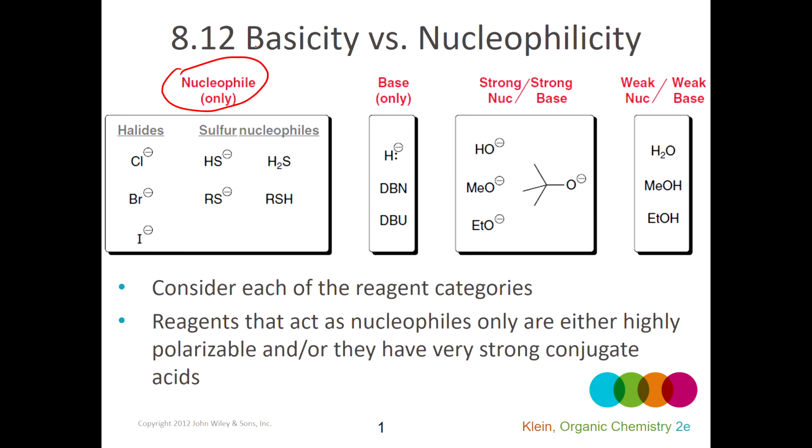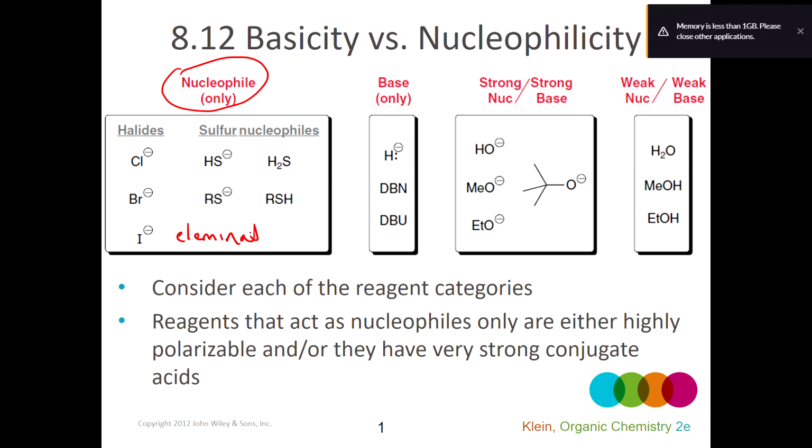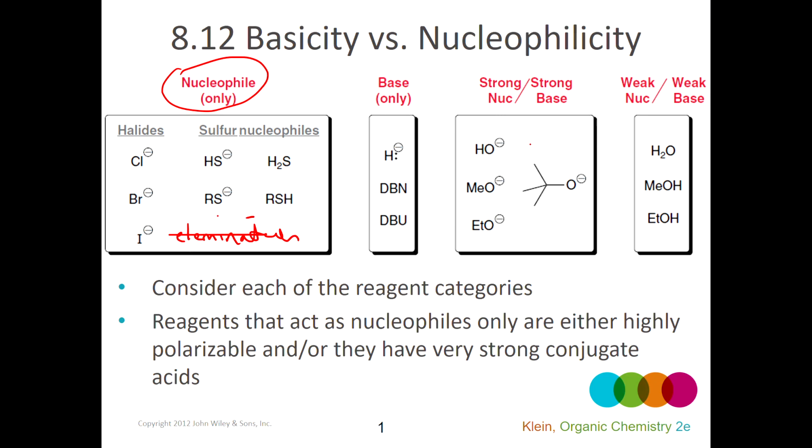Alright, so we were saying how these compounds that are really only effective nucleophiles and really weak bases, we only expect to see substitution reactions occurring, since they're only really going to be acting as nucleophiles.